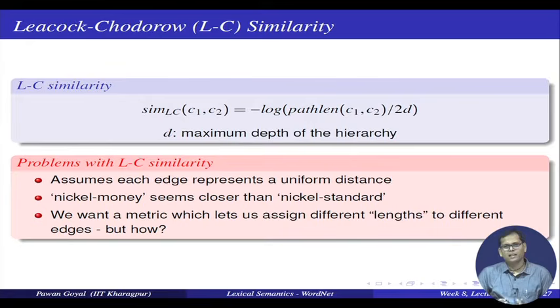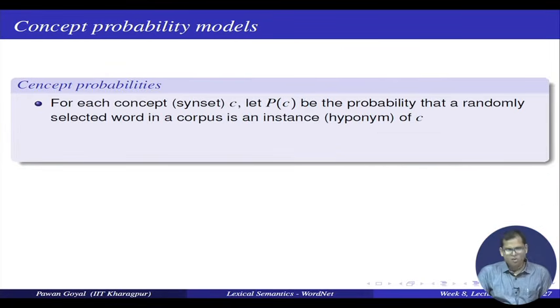What is the idea that we will be using? For that we use the idea of a concept probability model. In WordNet, whatever concepts we are seeing, we will assign them a probability: the probability with which I see this concept in a corpus.